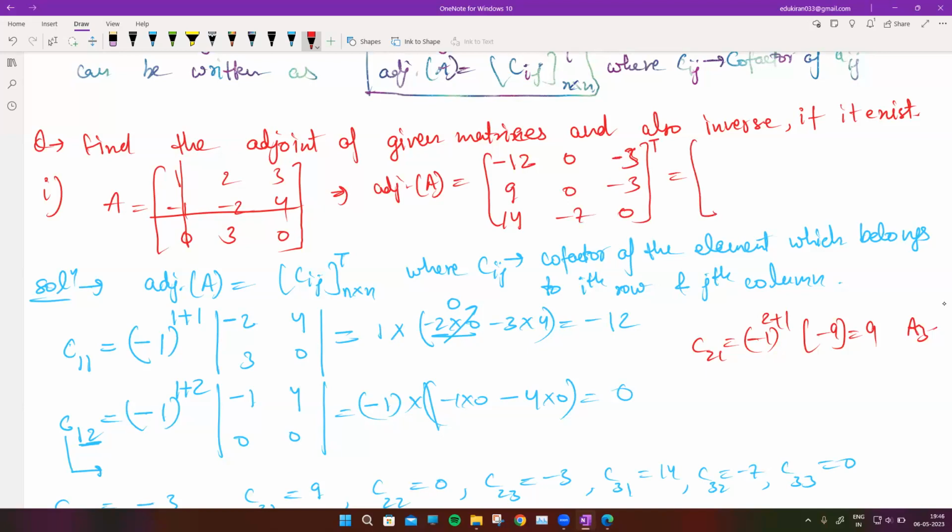So first of all, place all the cofactors at their respective element positions and then take the transpose. So this will be -12, 0, -3. First row will become first column. Second row, 9, 0, -3, will become second column. And then 14, -7, and 0 will become third column. So this will be the adjoint of A matrix.